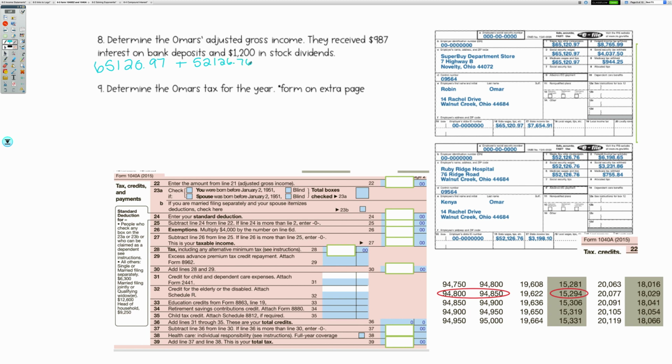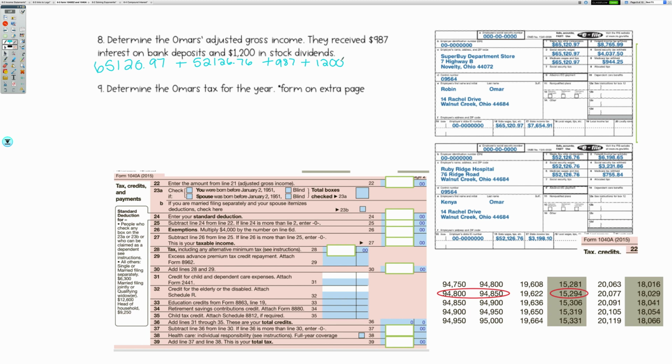And then in the question it said that they received interest, so this is an addition to their income. And they received some stock stuff. This is an addition to their income. 120.97 plus 52,126.76 plus 97 plus 2.